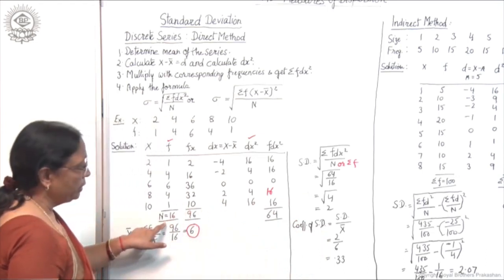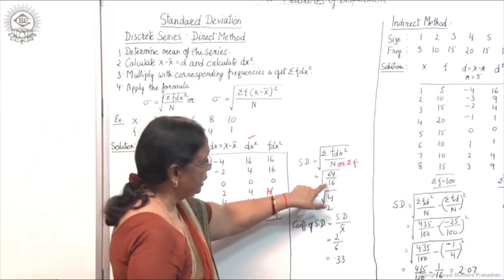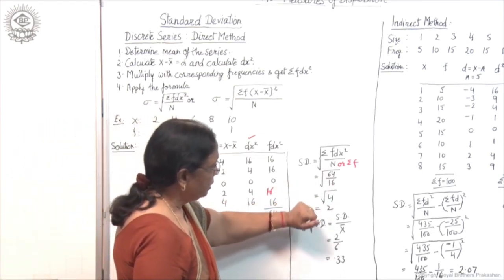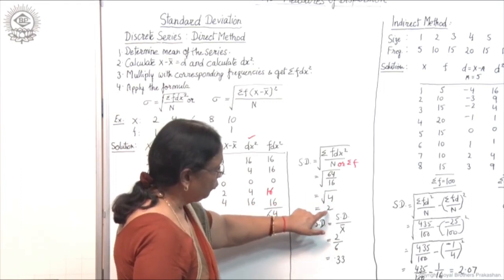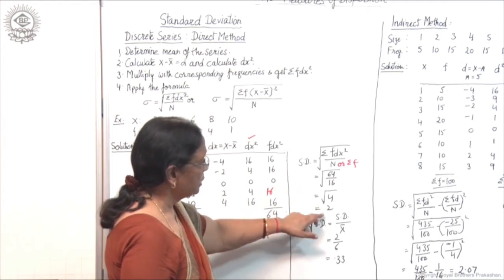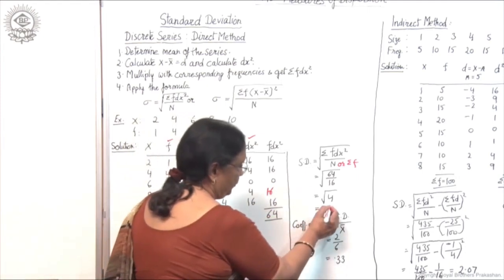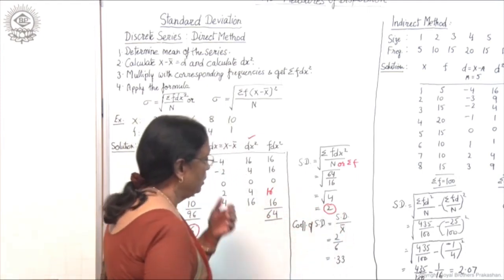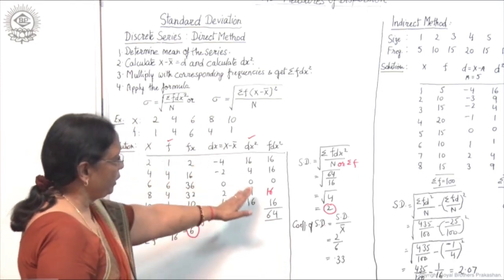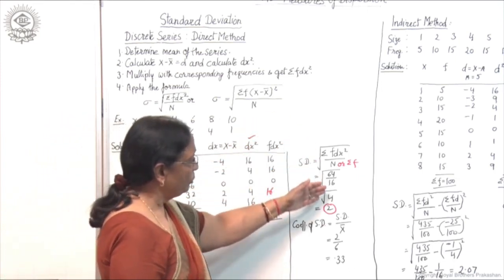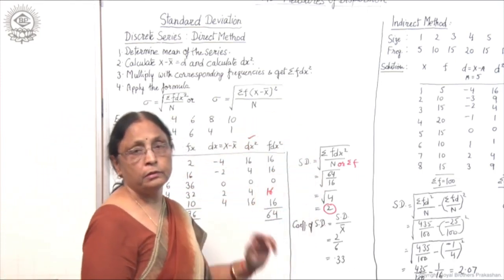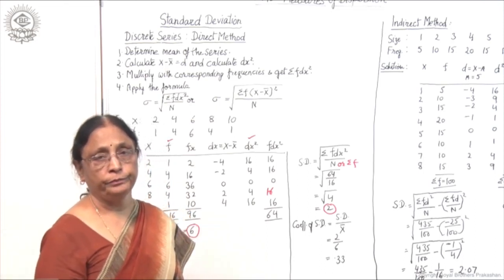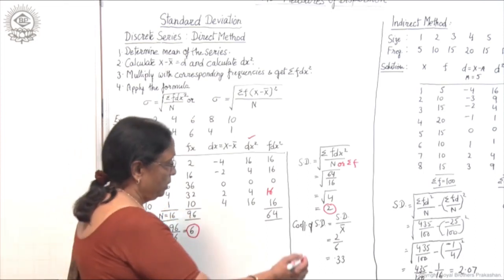N is 16, write down 16 here. Divided, you get 4, under root of 4 is 2, and this is your standard deviation, right. So first you have to calculate the values, put the right formula and do the calculation.